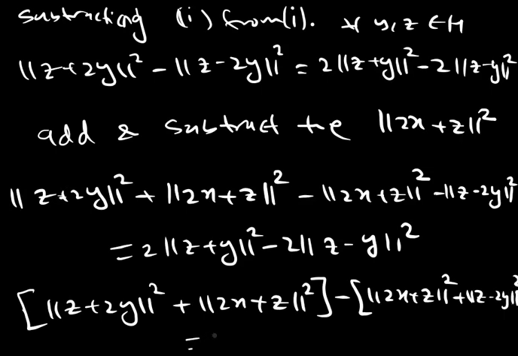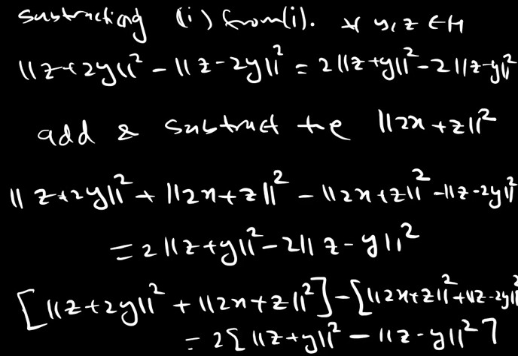This is 2 times norm of z plus y whole square minus norm of z minus y whole square. This is true for all x, y, z belonging to H. We are assuming the parallelogram law. So 2 times we have used and subtracted.